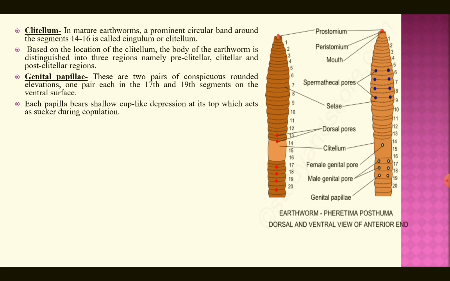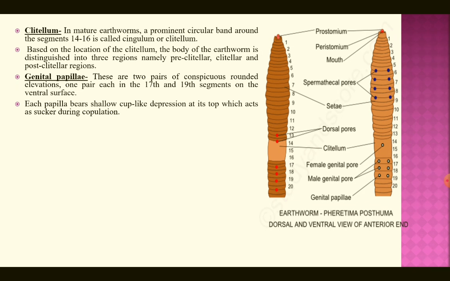So in mature earthworms, a prominent circular band around segments 14 to 16 becomes glandular, and it is called the clitellum, or also the cingulum.